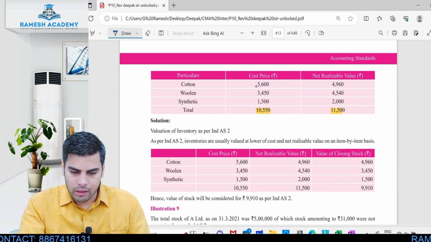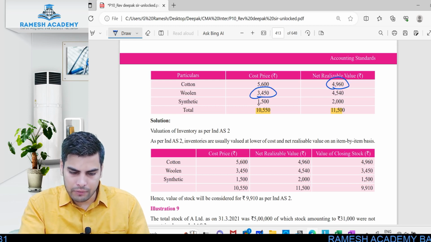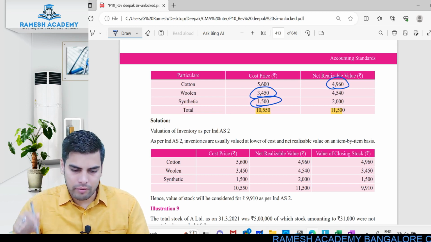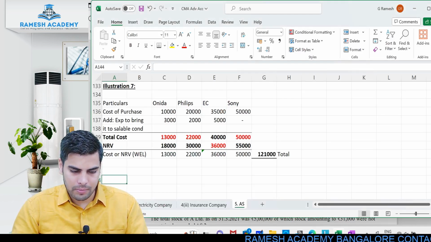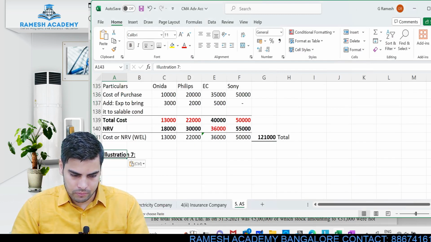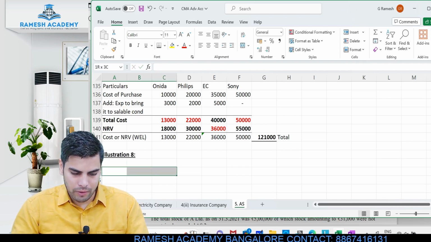So here cotton, if you see, the net realizable value is lower. Woolen, if you see, the cost is lower, and again for the synthetic product, this is what is lower. Just compare the cost and net realizable value, whichever is less, that is the price at which inventory will be valued. Quite simple, right? Similar illustration is what we have already discussed.